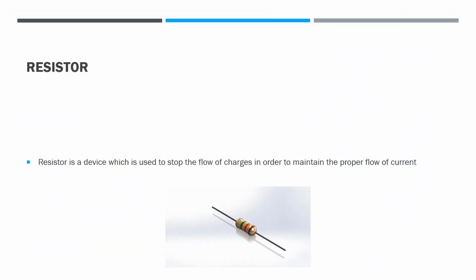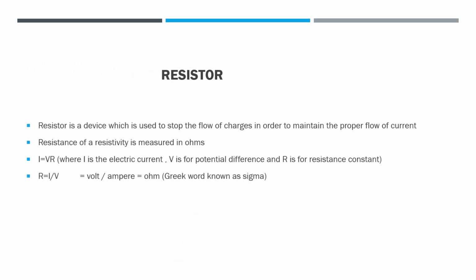So let's talk about the resistor's resistance. A resistor, as you know, is a device to stop the flow of current. So the resistance is measured in ohms. How?